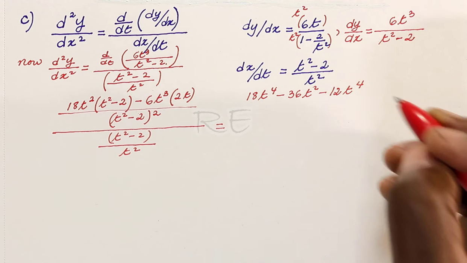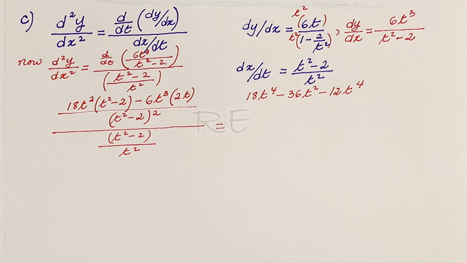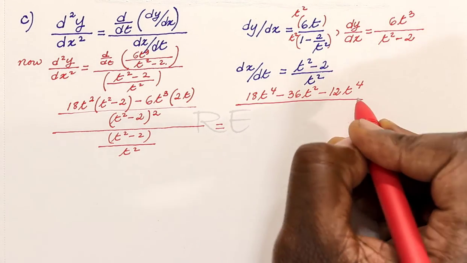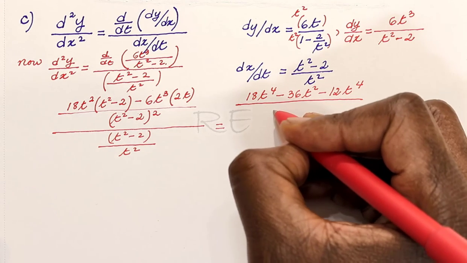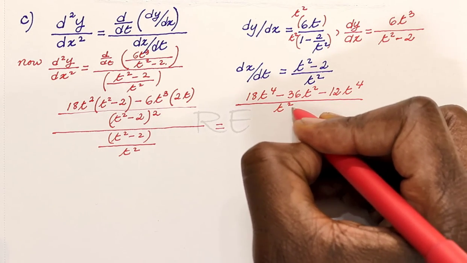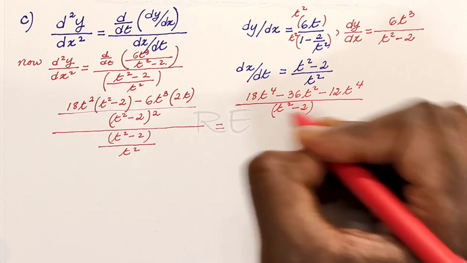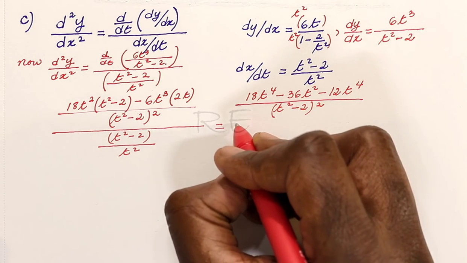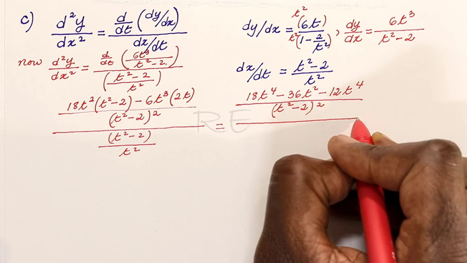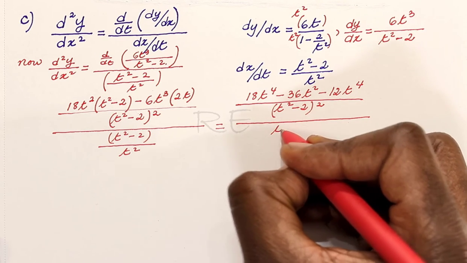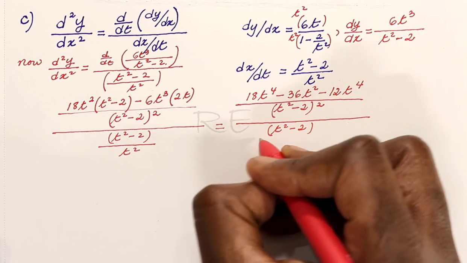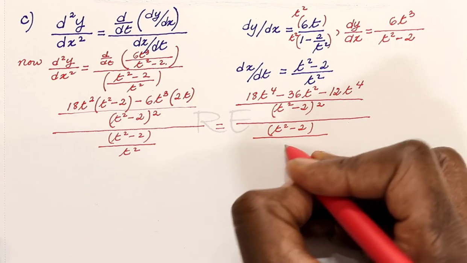The whole thing is divided by t squared minus 2 squared, over the longer fraction bar, t squared minus 2 divided by t squared.